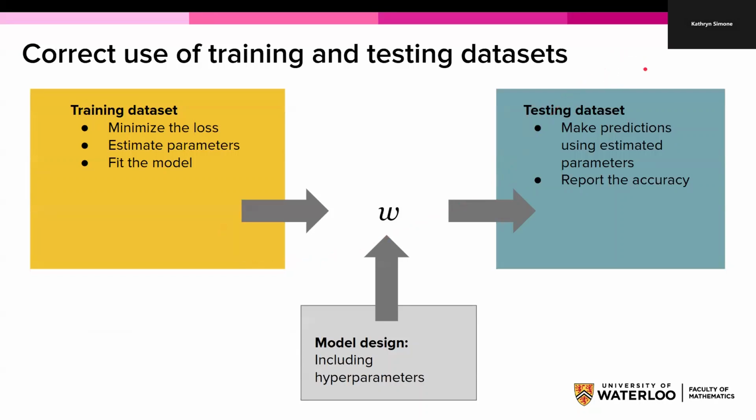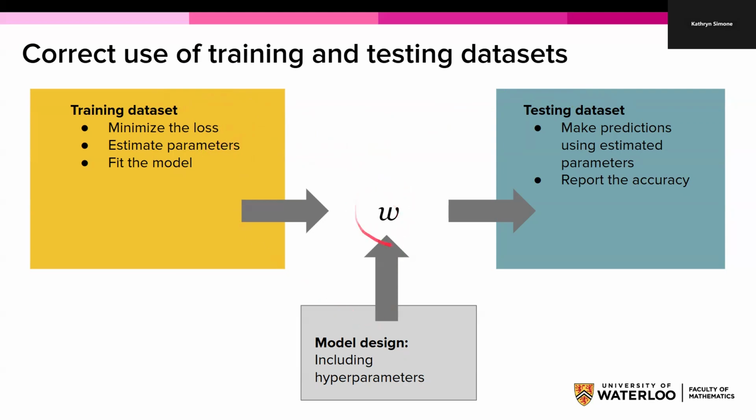So I guess before we get into this, it might help to take a little step back to refresh on the batch learning condition. At the beginning of this lecture, I said that in the batch learning problem, we have a batch of data, but specifically two batches of data. So I have a training data set and then a testing data set. And so the correct way to make use of these two sets is we first use the training data set to minimize the loss and estimate the parameters of our model.